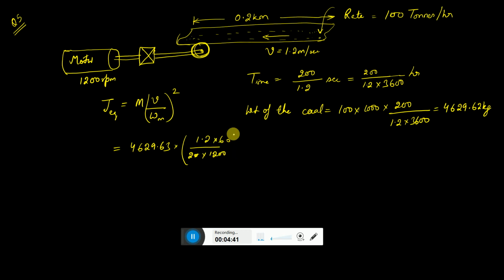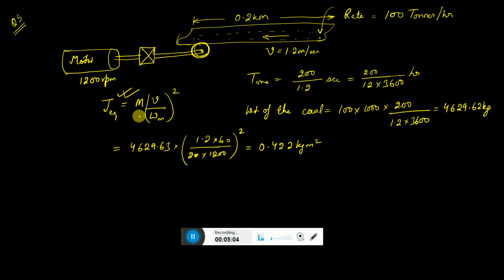It will come around 0.422 kg meter square. So you get the value of the equivalent inertia that is reflected to the motor because of the entire load and setup.